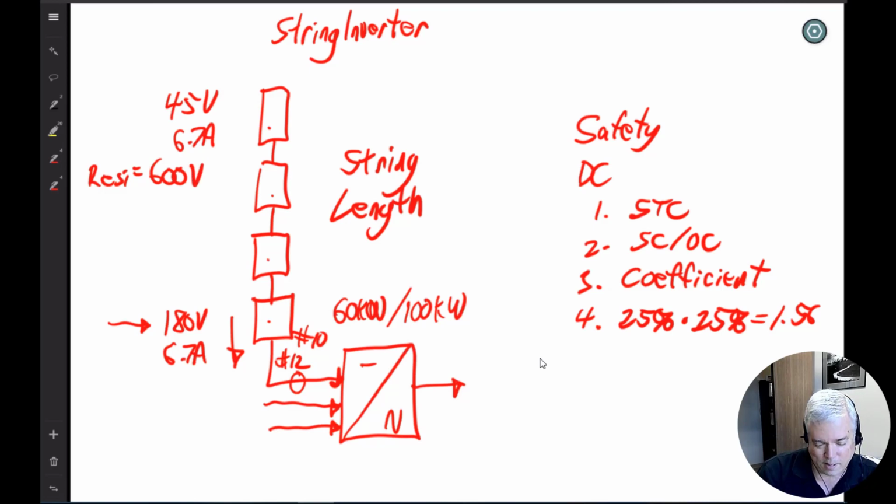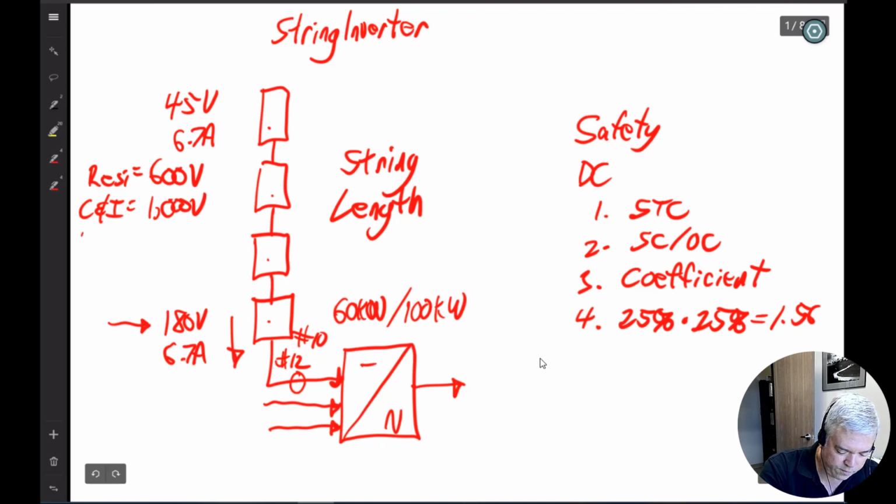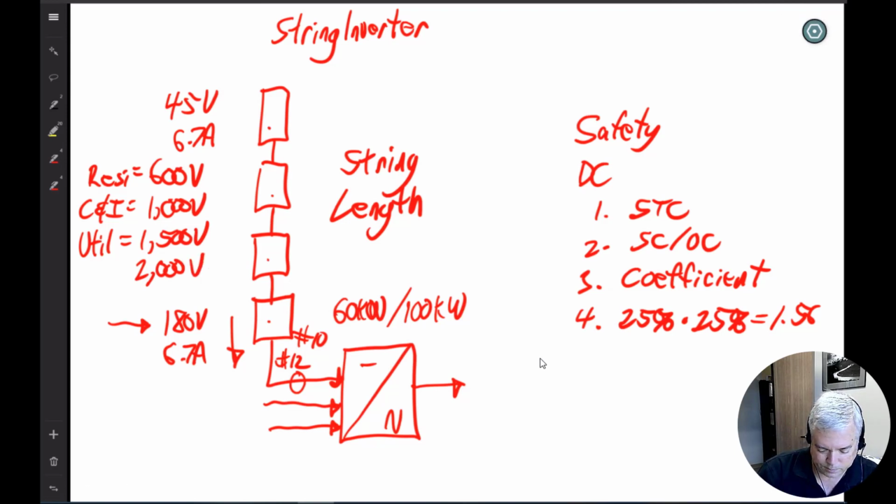This is dictated by fire marshals, like the California State Fire Marshal or your fire marshal in your area. For commercial and industrial, the limit is 1,000 volts. And for utility scale, the limit is constantly being pushed. 1,500 is common. I believe they're headed to 2,000 volts and so forth.